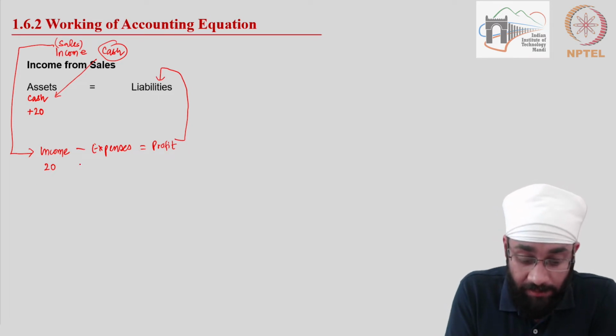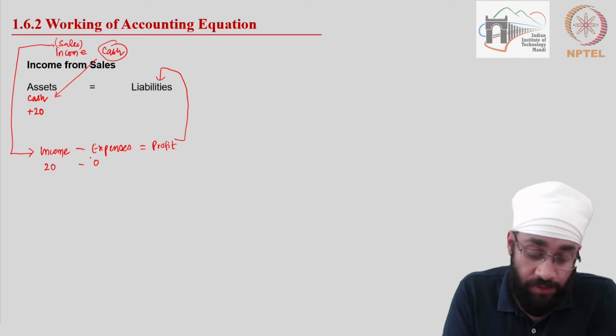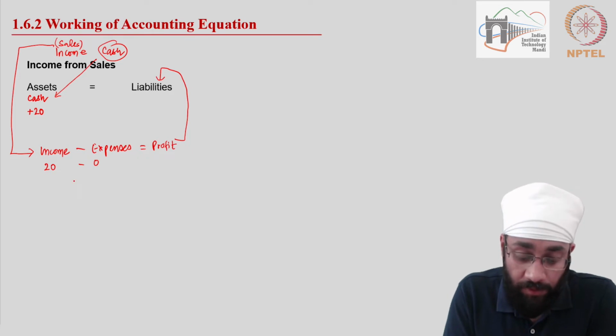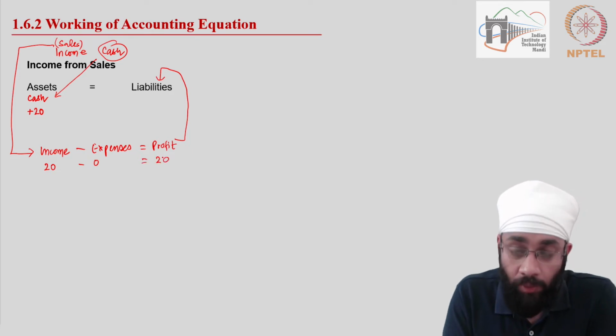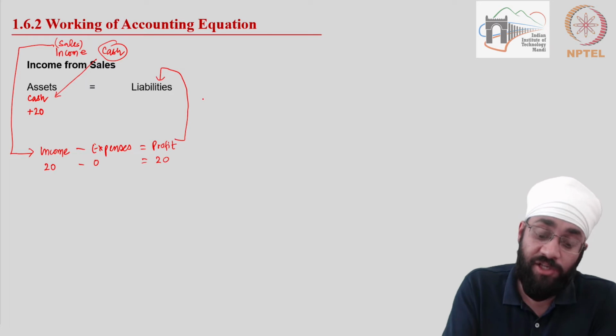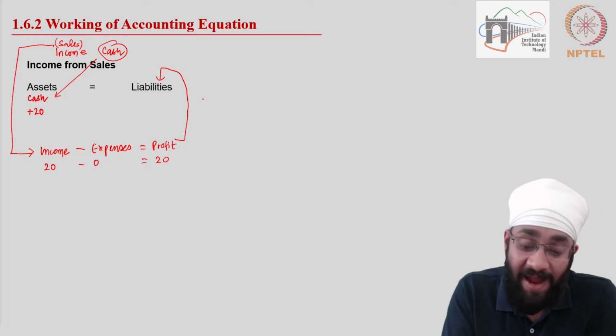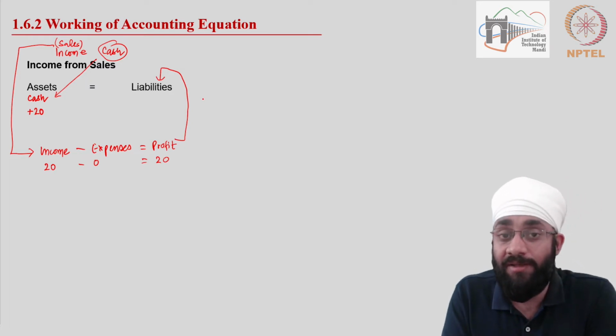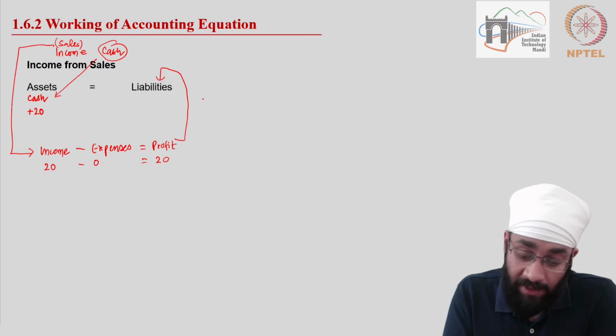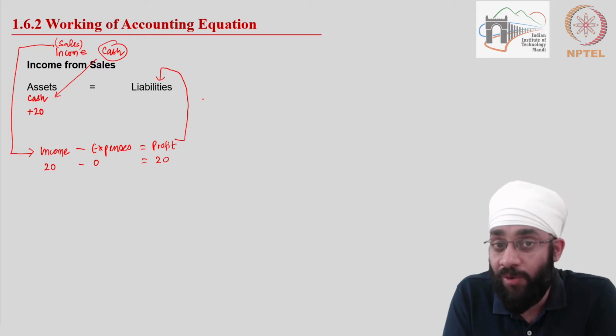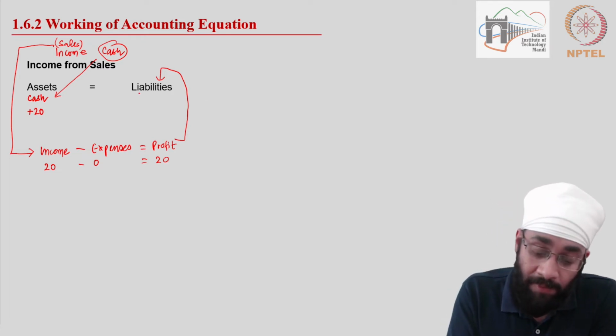So you have income, and right now in this transaction, we don't have any expenses. So I'm going to write it as 0 and 20 profit, which means that this profit is going to get added into the liabilities, and the profit belongs to the shareholders, people who have brought the money in the business.